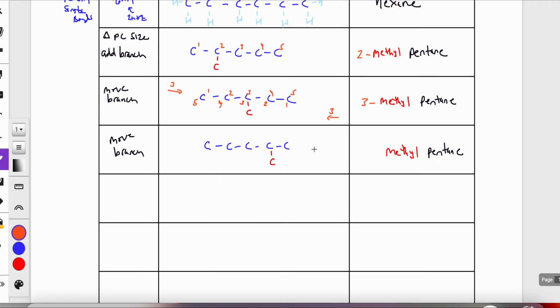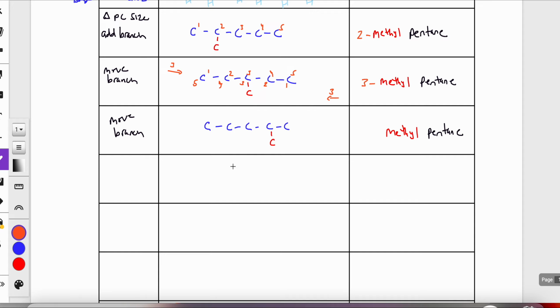Now when I'm taking a look at this next example, I notice that the branch is much closer to the right-hand side. So I'm going to look at it from this direction. And my branch is on carbon 2. So this is 2-methylpentane. So here is the thing.